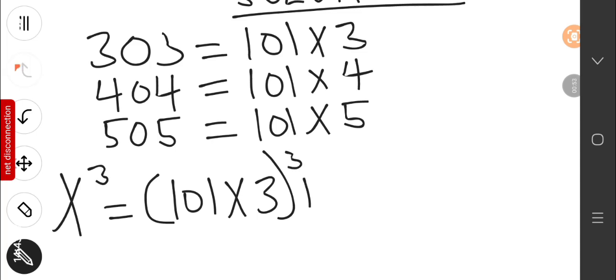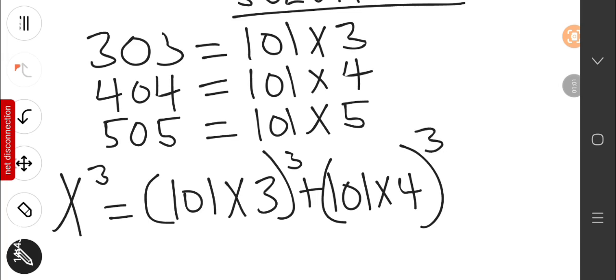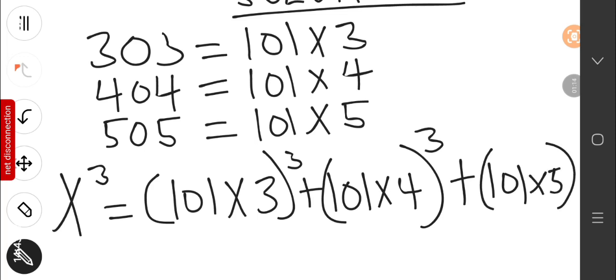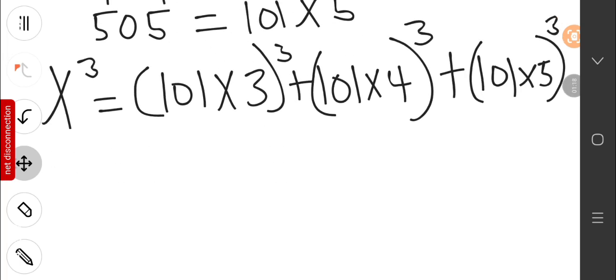So you're going to have plus (101 times 4) all in a bracket cubed, plus (101 times 5) all in a bracket cubed. All right, so this is what we have now.